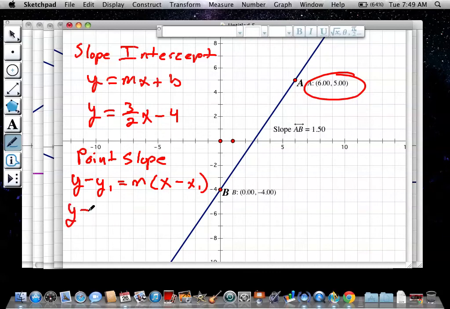So y minus 5 for the y value equals, the slope is the exact same, 3 over 2 times x minus 6. So this is one form for point-slope. I could have picked any other point on the line, and it would give me an equation for this line. Now if I took point-slope form and solved for y, I would get y equals 3 halves x minus 4. It would become slope-intercept form.